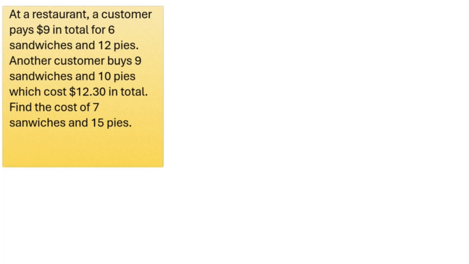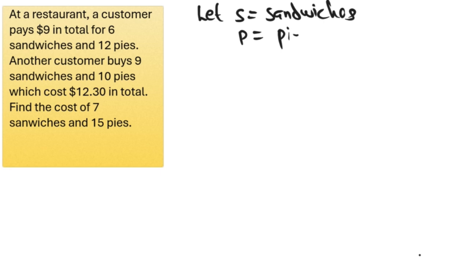It said at a restaurant, a customer pays $9 in total for 6 sandwiches. So let S be equal to sandwiches. And then we represent the pies with P. So 6 sandwiches will give us 6S, plus 12 pies, so 12P.